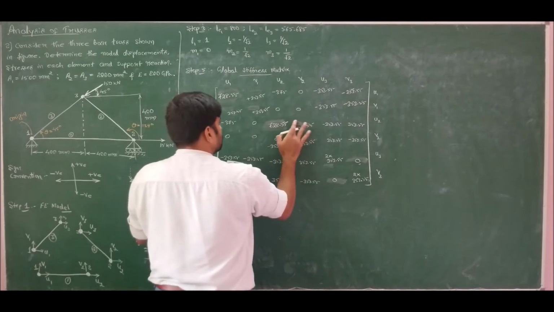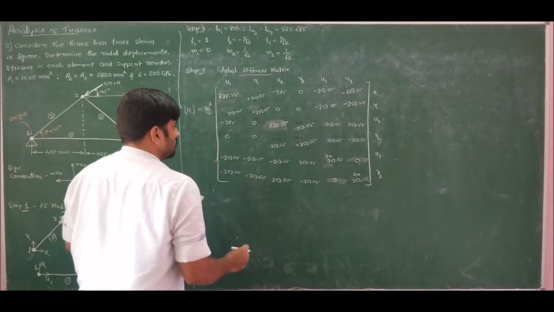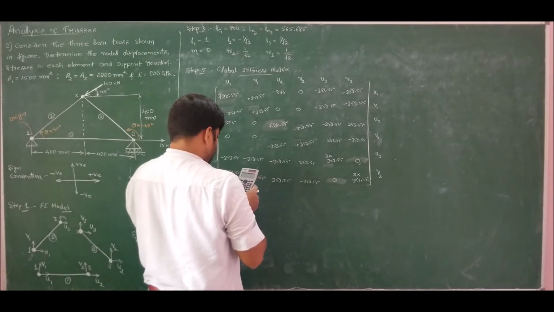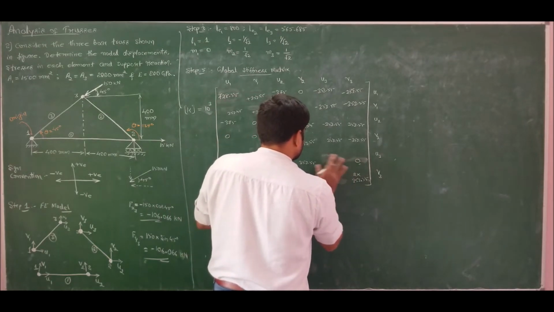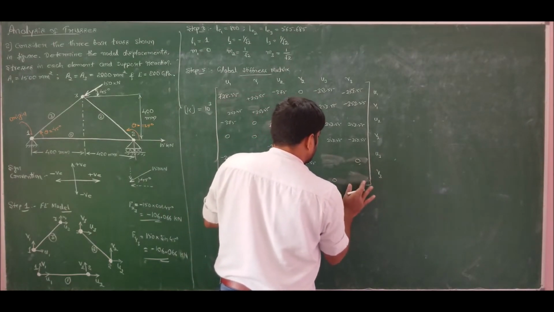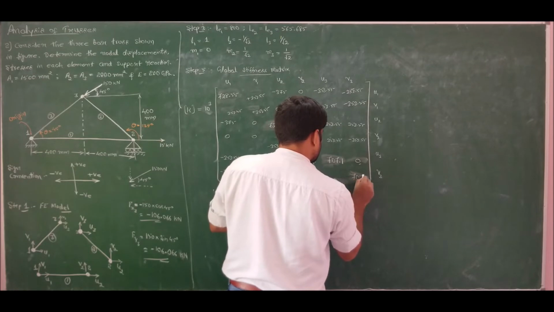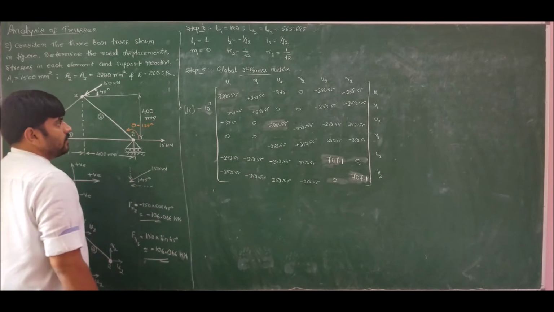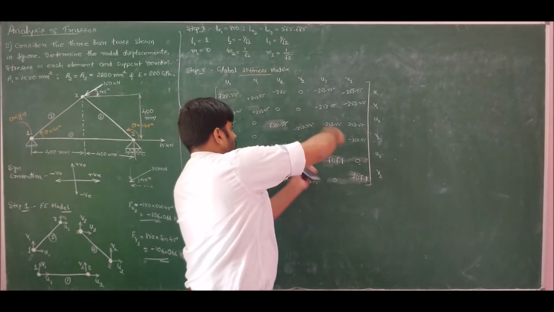This will become minus 353.55. Next, it is 2 times. We have 2 into 353.55, which is turning out to be 707.1. So these two are 707.1. So this is the step 5, wherein which we have calculated the global stiffness matrix. If you observe, the terms are added diagonally.